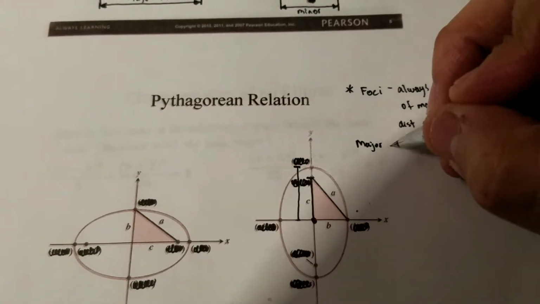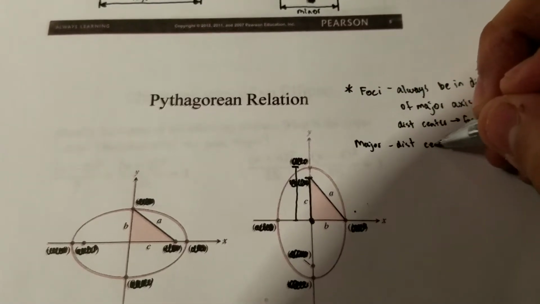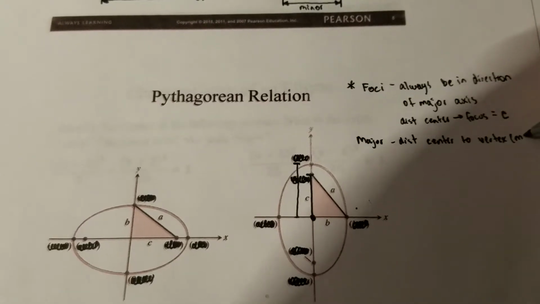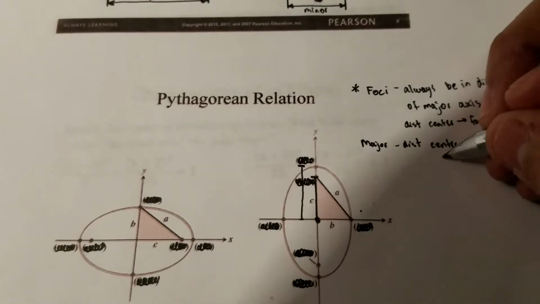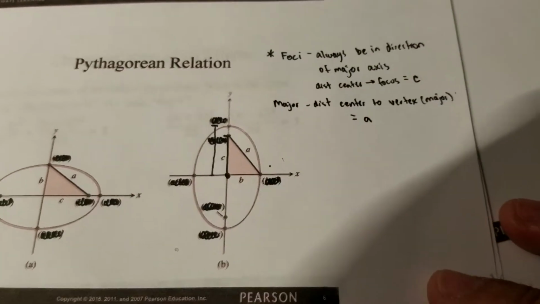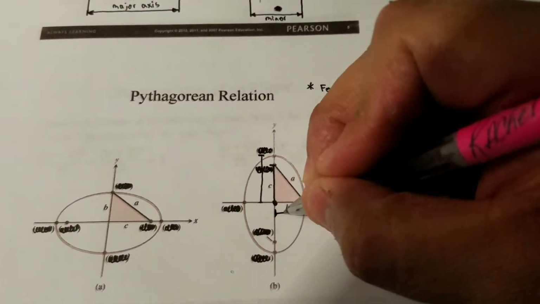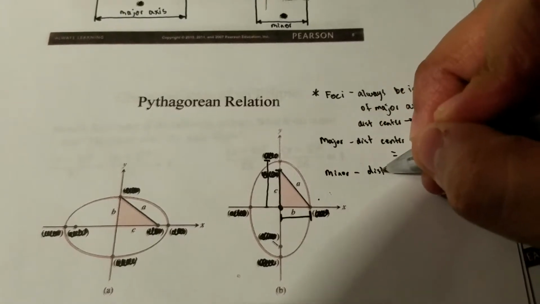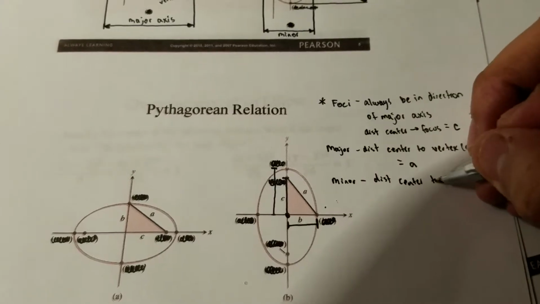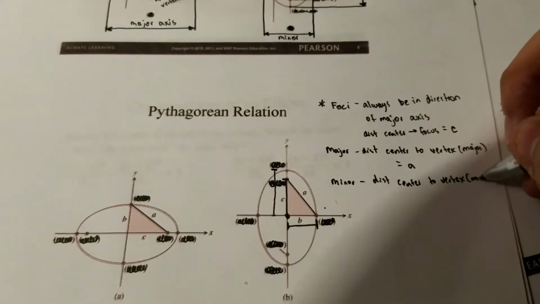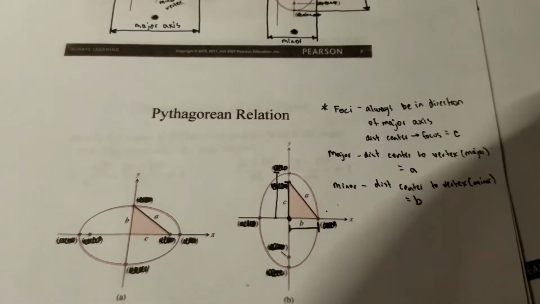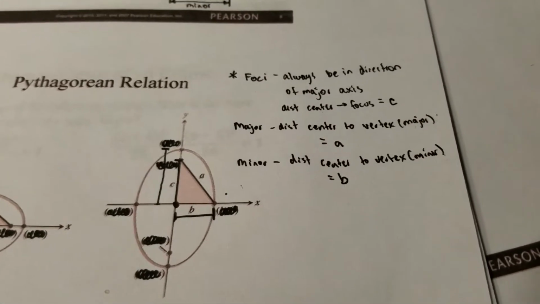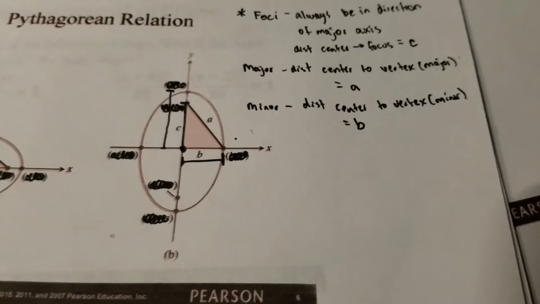The distance from the center to the vertex in the major direction, we call this A. And the distance from the center to the vertex in the minor direction, we call that B. Okay, so I want you to start to find me the distance to the focus.